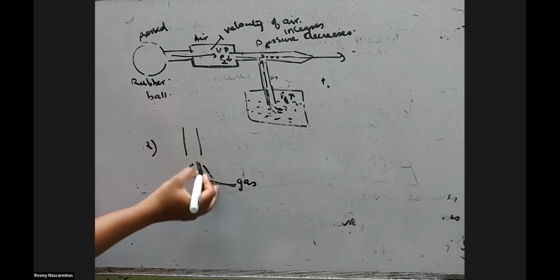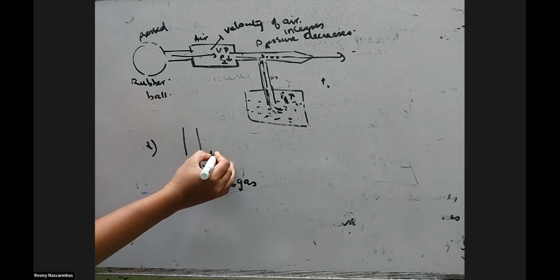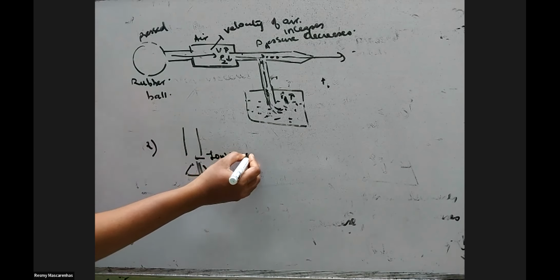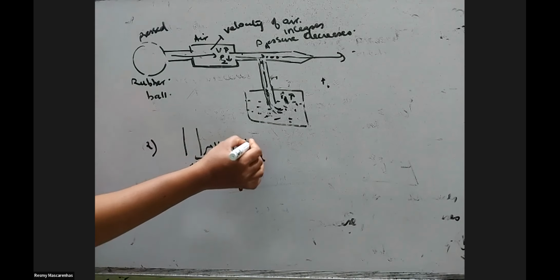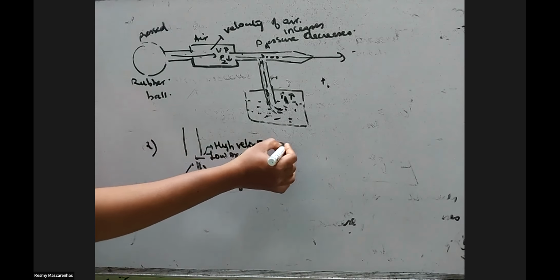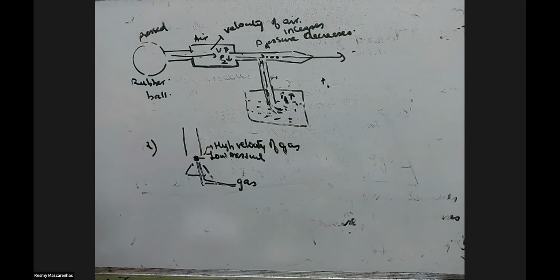So whatever gas is there, it is coming with a very high speed. So obviously there'll be a low pressure here. Over here I'm talking about the gas coming with high velocity, so the pressure will be low.